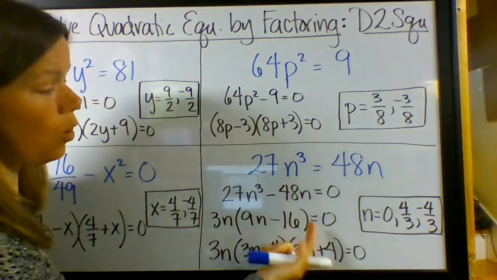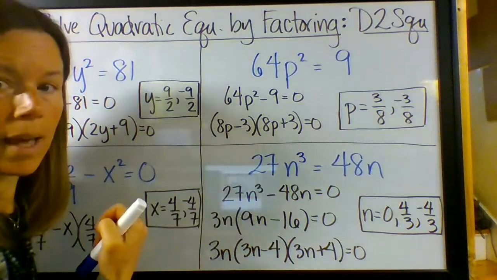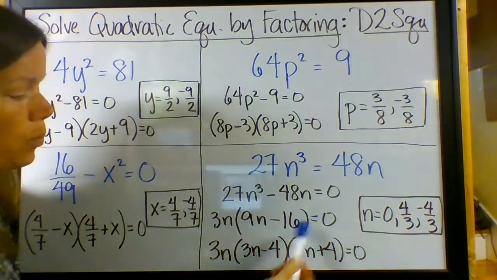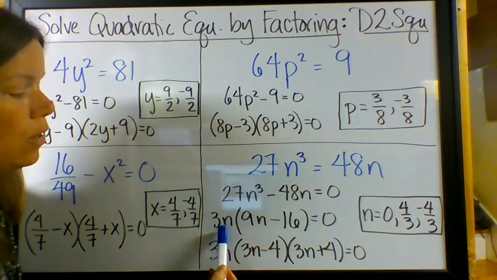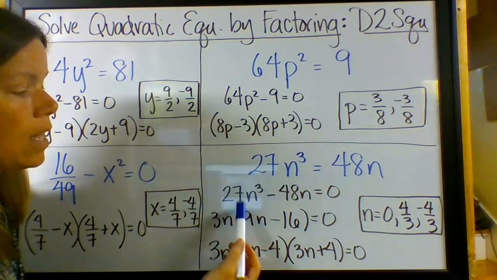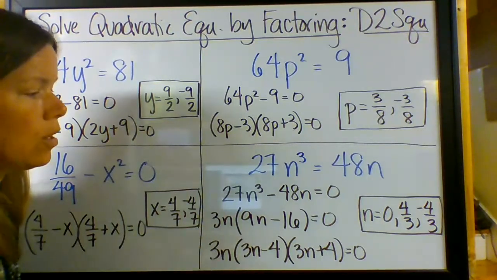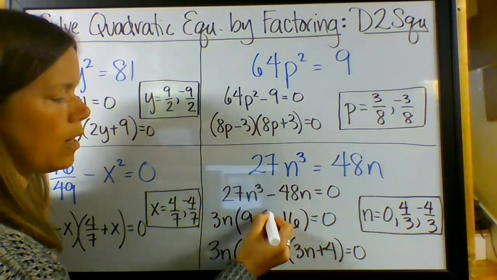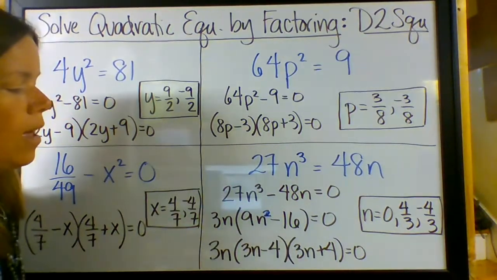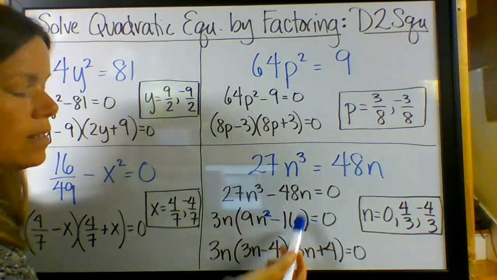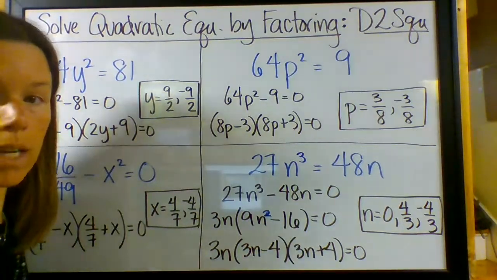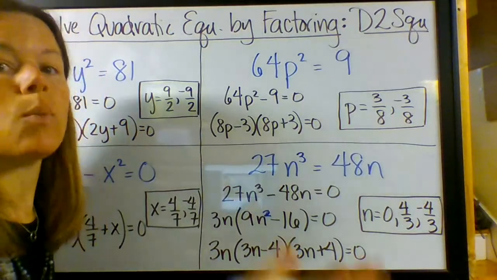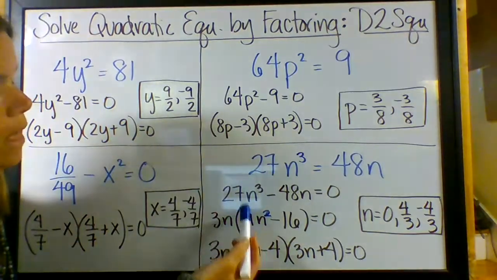There's also an n in there, so I pulled out my greatest common factor: 3n times 9n squared is 27n to the third. Oh, sorry, there's a squared right there, isn't there? I missed my little squared. And 3n times negative 16 is negative 48n. So you can see that I pulled out a GCF.